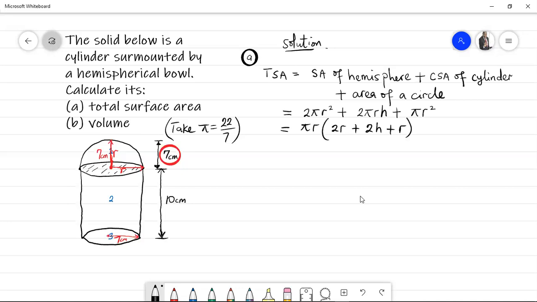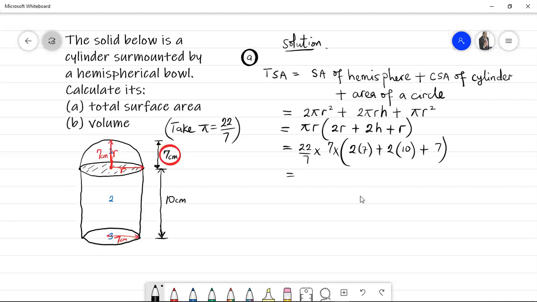Or you could just solve it straight without factorizing, not a problem. So taking pi to be 22/7, and then multiplying this by the radius, 7 centimeters, open a bracket: 2 times radius is 2 times 7, plus 2 times height, which is the height of the cylinder, 10 centimeters, and then plus the radius on its own, which is 7 centimeters again.